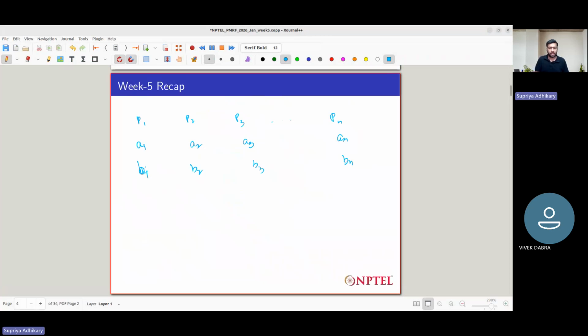Now, if they are randomly generated and this is also randomly generated, we need to have a TN algorithm, right? If we want to have a TN algorithm.